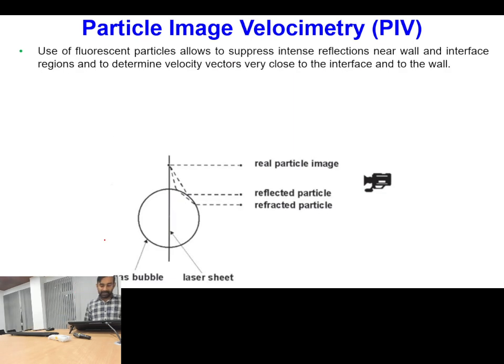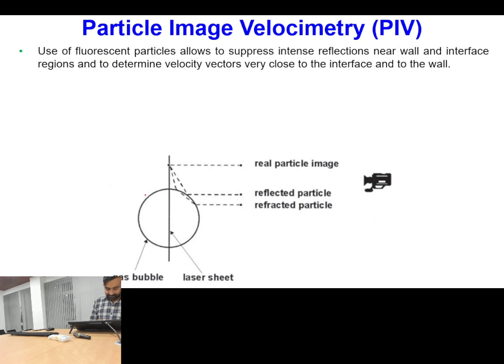Now, when we use particle image velocimetry for multi-phase flow problems, typically when interfaces are present, there will be some errors in measurements near the interface. These errors are called spurious currents or spurious velocity vectors in PIV measurements. How can these come about?